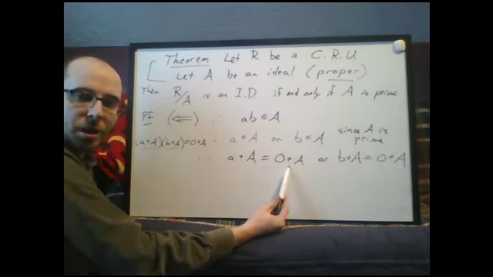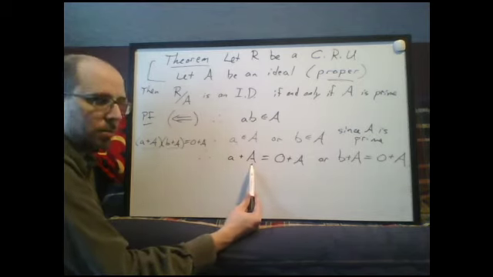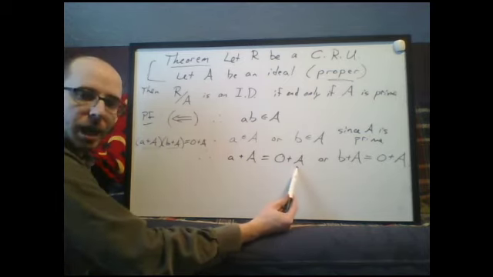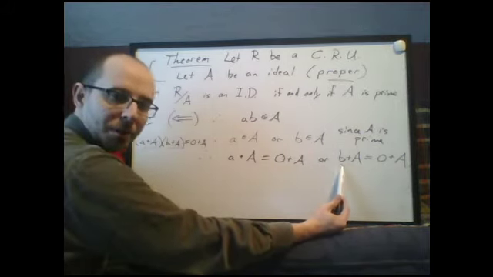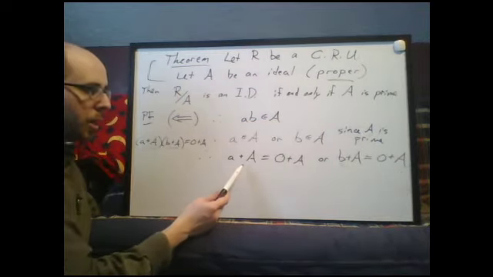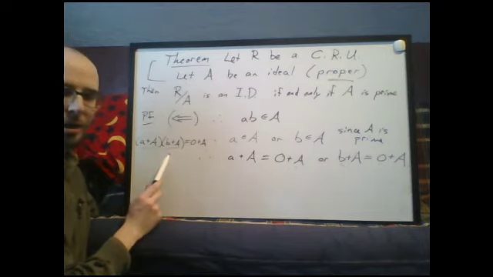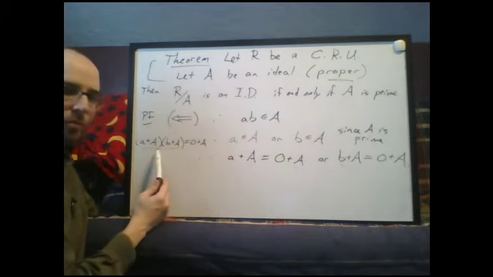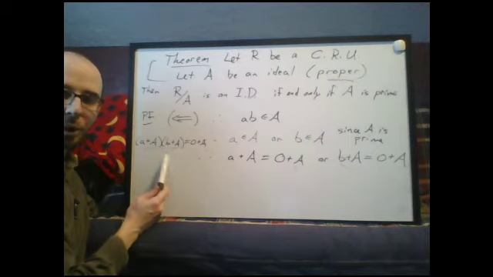It's the same as the 0 element, because an element of A would get absorbed into it by addition. So if a is in A, a plus A would be A, or 0 plus A. If b is in A, b plus A would be A, or 0 plus A. So either way, one of these original two coset elements was already the 0 element. So this factorization of the 0 element has to involve a 0 in one of the two places.